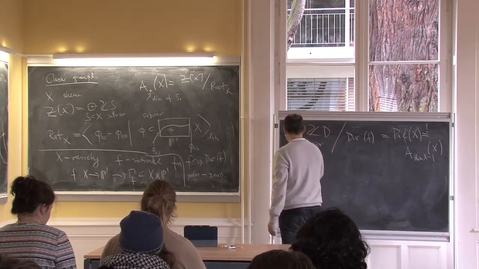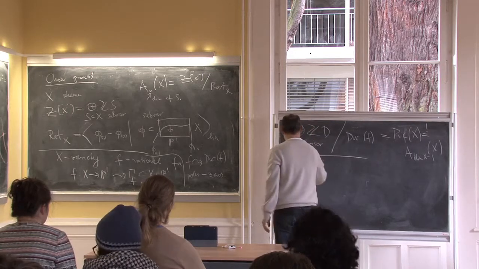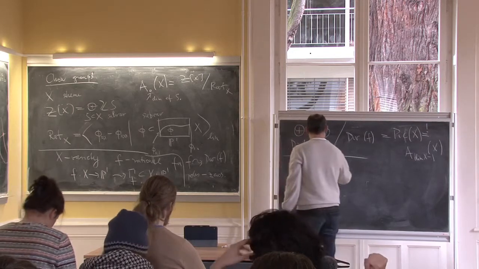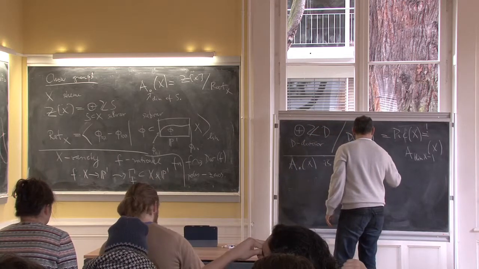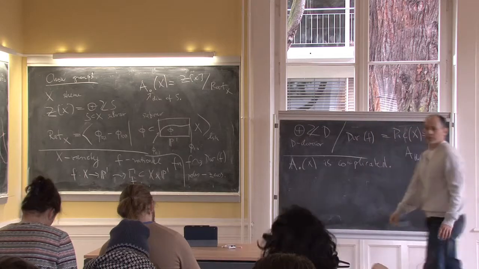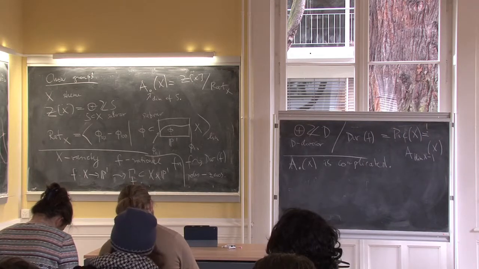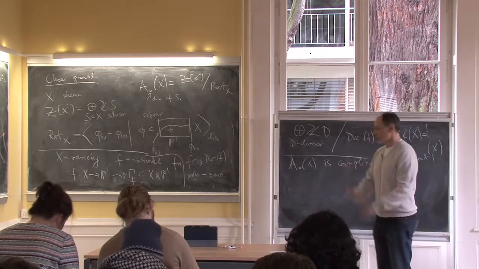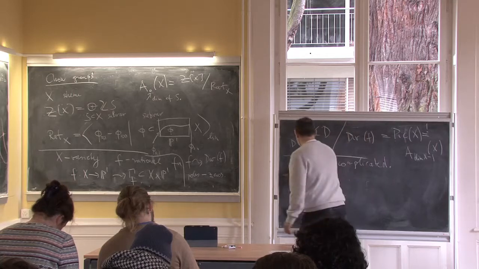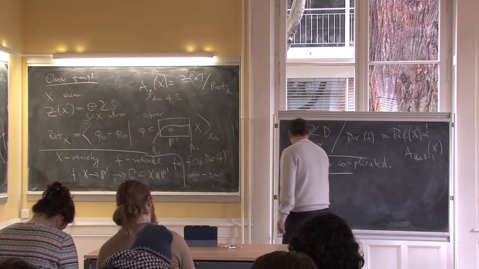So one point is that A is complicated. This could be a very difficult thing, already for curves. Last time I introduced a bunch of objects which were important, so I'll quickly remind you. These are the relatively easy part.